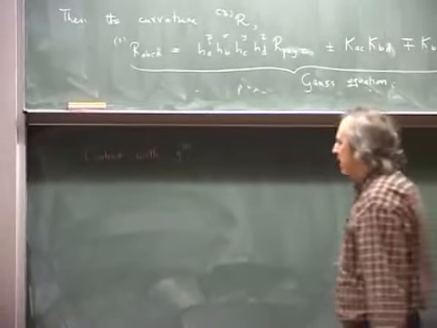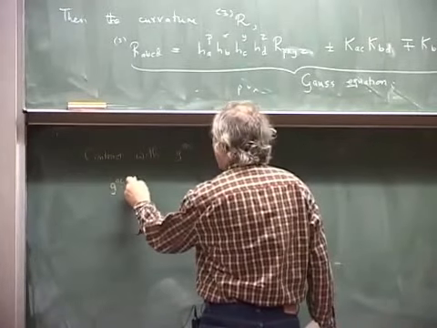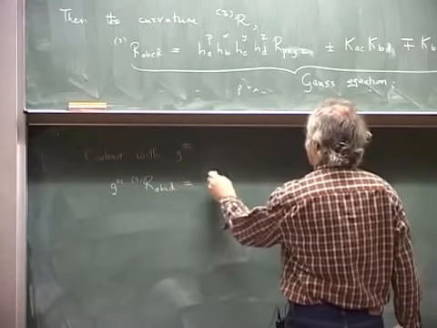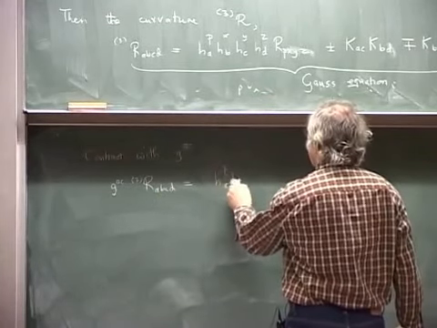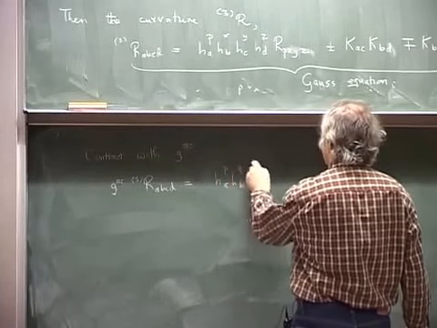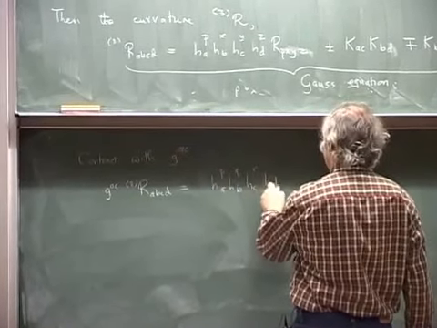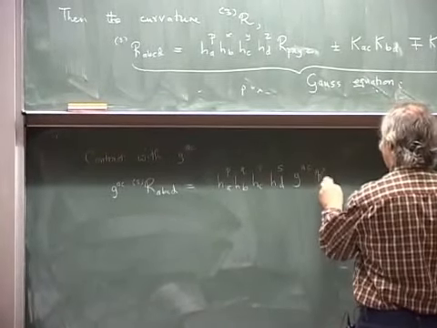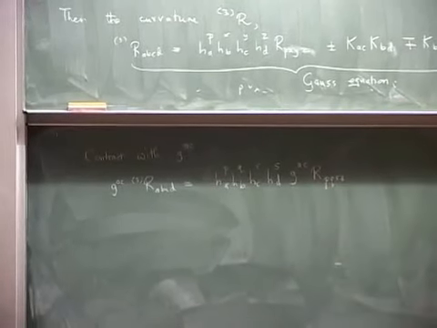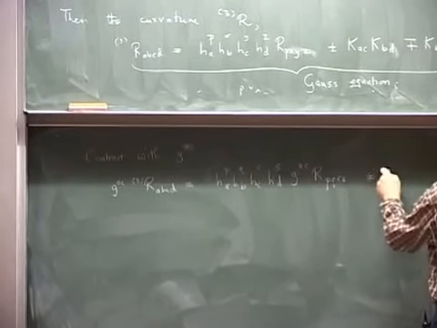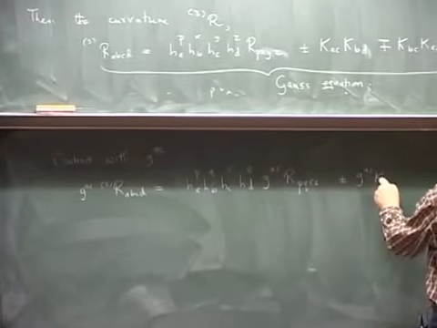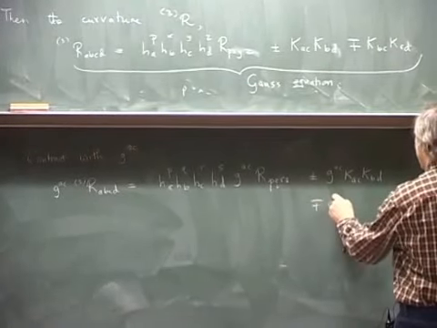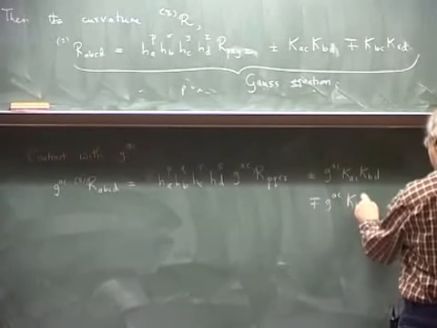So on the left hand side you would have g^AC 3R_ABCD is equal to h^A_P h^B_Q h^C_R h^D_S g^AC R^PQRS plus or minus g^AC K_AC K_BD, minus or plus g^AC K_BC K_AD.